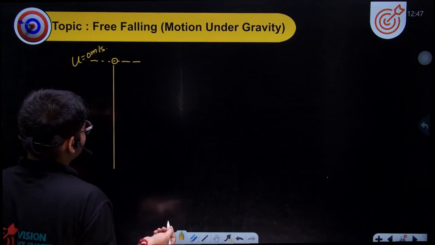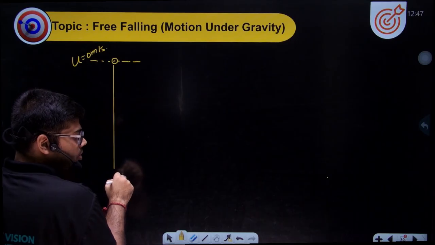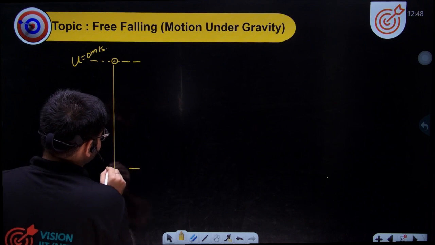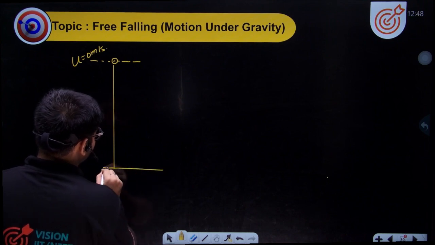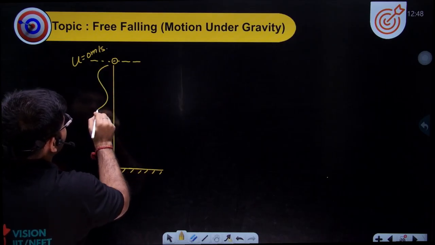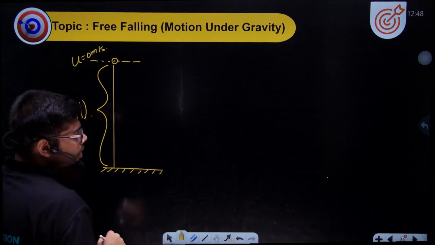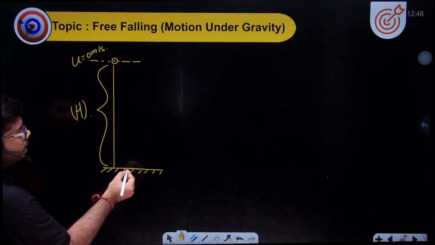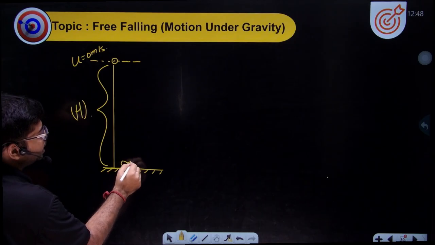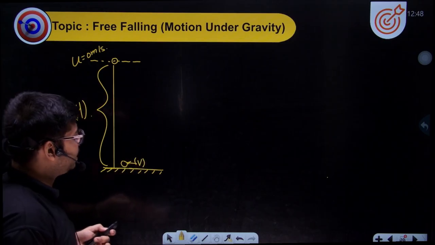Now if I ask you what is going to be the velocity when it is going to reach the ground, this is the ground, you understand. Now if the height of this is given to you like h, इसका height आपको given है h, तो आपको पूछा जा सकता है कि just before striking the ground, tell us the velocity v. v कितना होगा?